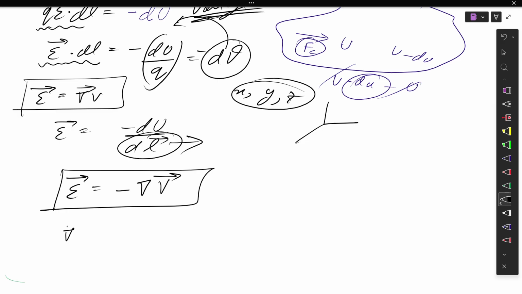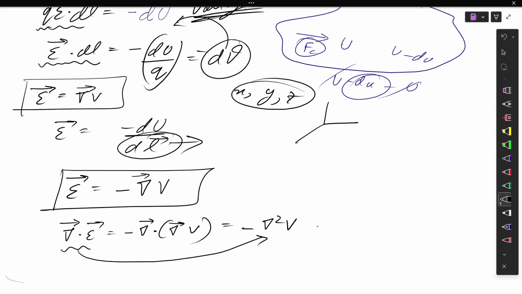And if I do some mischief in this process, like taking the divergence of the electric field on both sides, this will lead to the Laplacian operator, that is the double nabla of V. If we observe it, this is nothing but rho over epsilon naught, which represents the volumetric charge density.